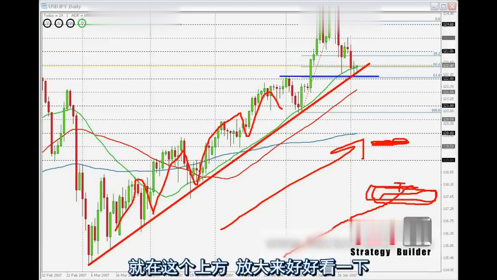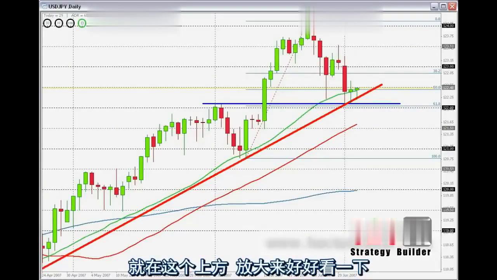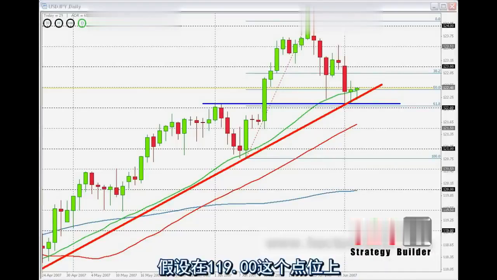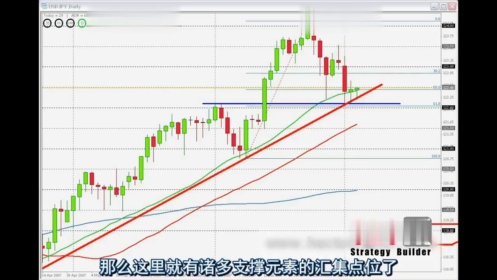Let me zoom in a little bit for a clearer view. Let's assume that the 119 level is a level where many different elements of support come together within a few pips of each other, and therefore we have a confluence of support at this area.